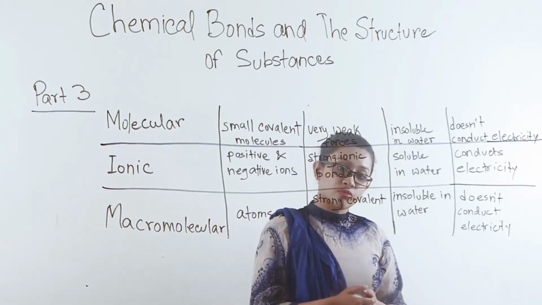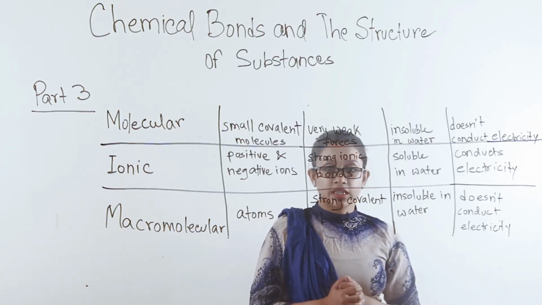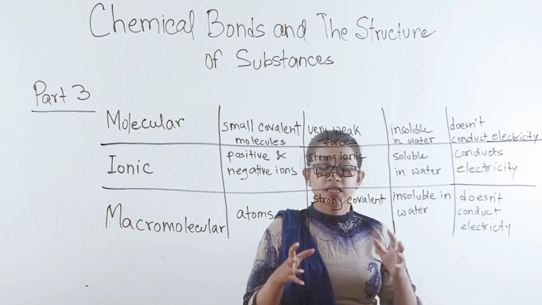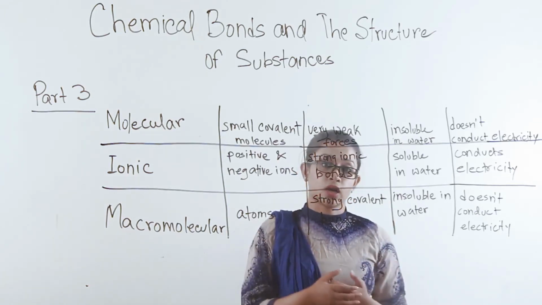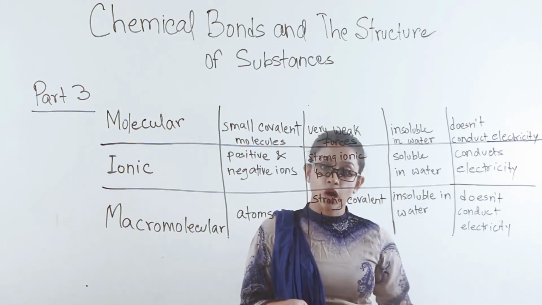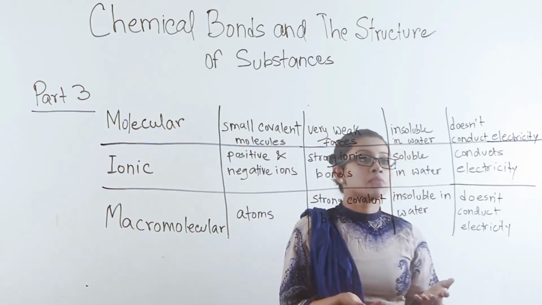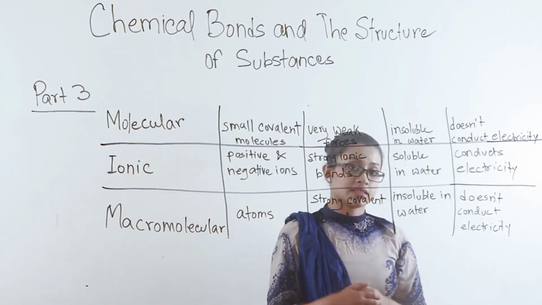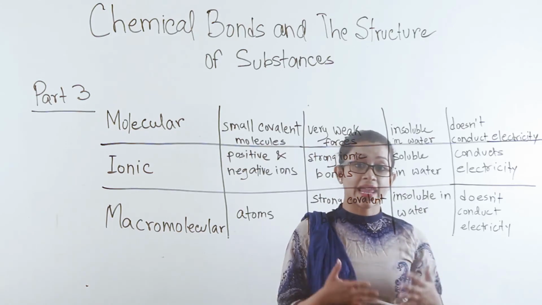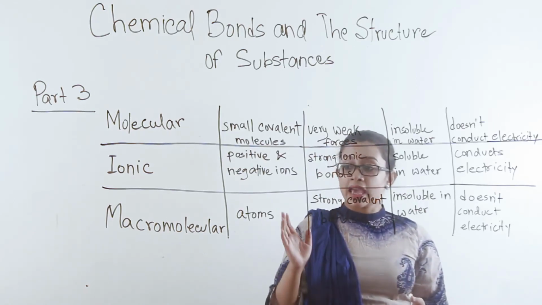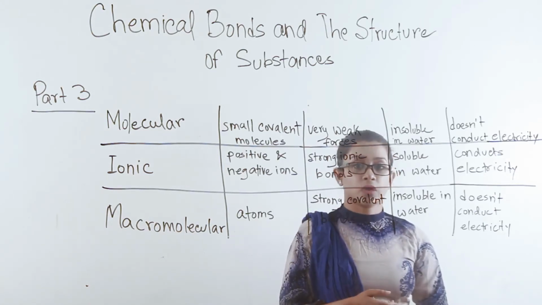But in case of macromolecular substances, they are insoluble in water because these substances are not made up of charged particles as ionic bonded substances are. And because of the same reason, molecular substances tend not to conduct electricity at all under any state. So do macromolecular substances.